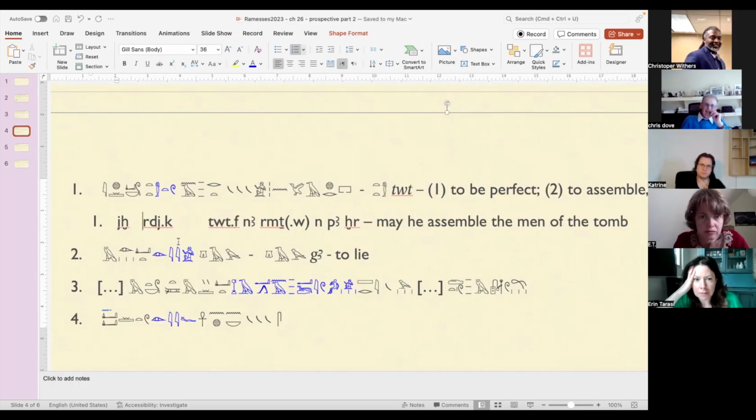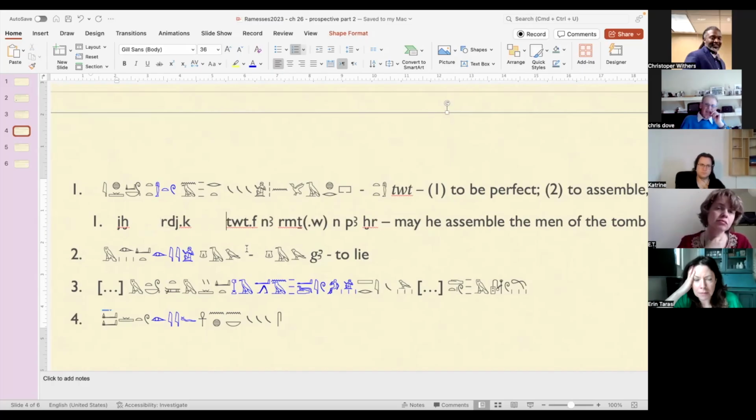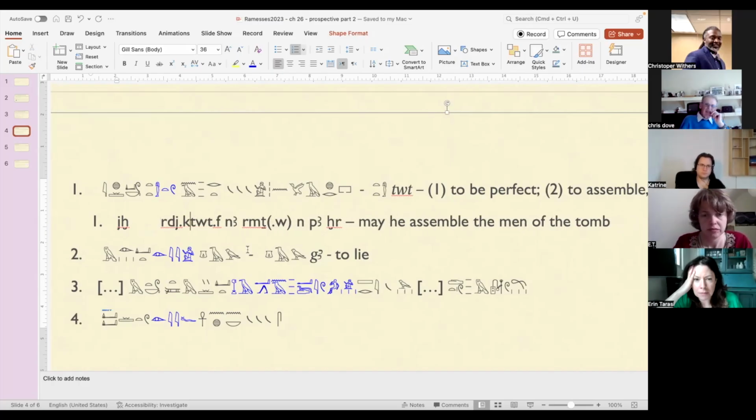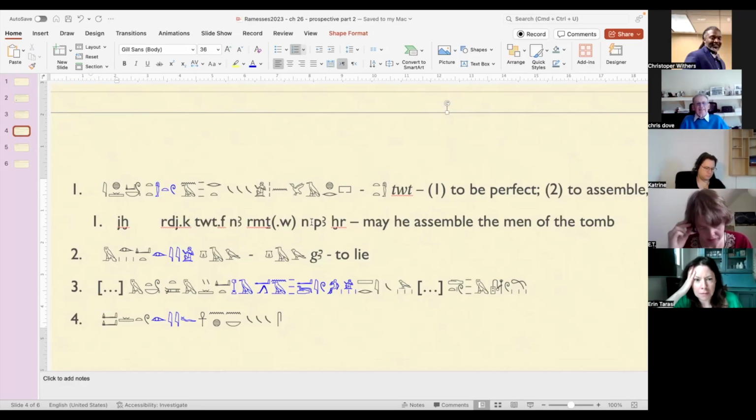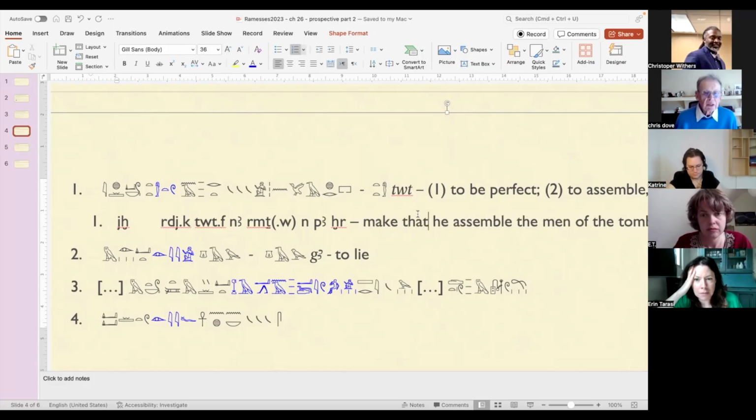Okay. Now put an aldik in front of it. Got it. So now this is like a causative thing going on here, right? It's kind of like a causative verb. Make him assemble. Exactly. It would be make that he assembled, which of course is bad English, beg your pardon.